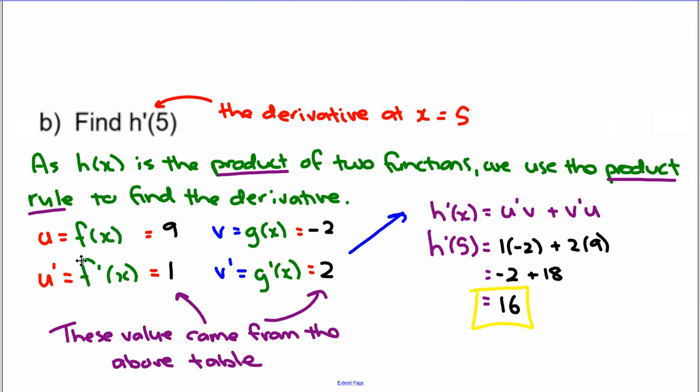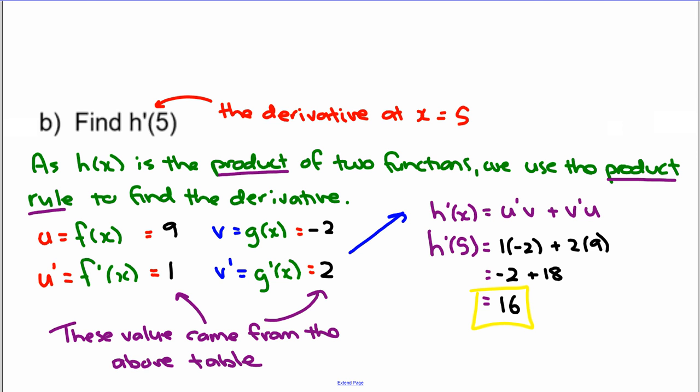And remember, for the product and quotient rule, we also need to say what is u dash and v dash. So u dash, of course, is just the derivative of u, so f dash x. And v dash is the derivative of v, so in this case, g dash of x. Notice it's still at x equals 5, so find out what is f dash of 5 and g dash of 5 from the table above.